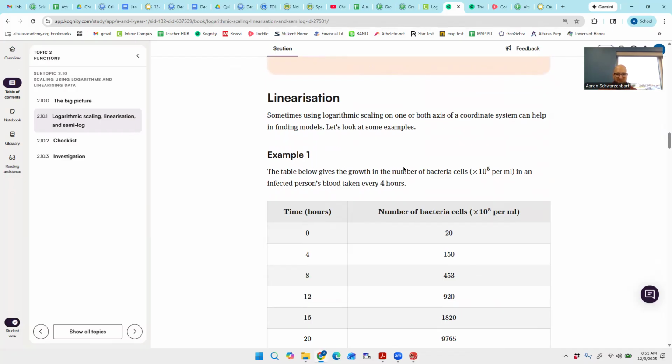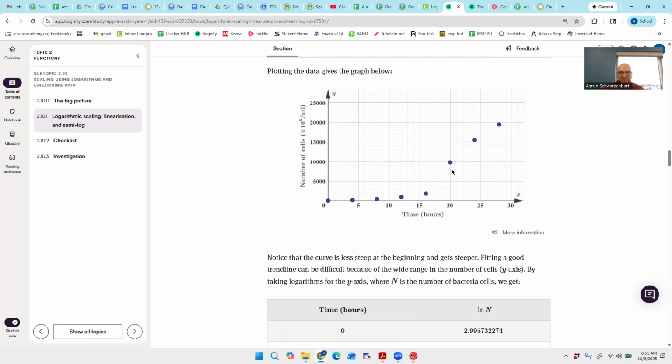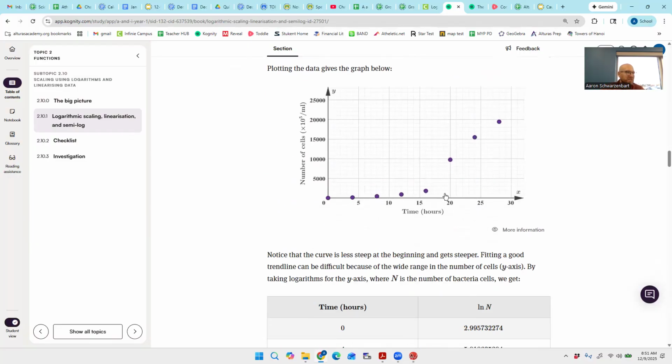A table gives us the growth of the number of bacteria cells here. And if we graph them, we get something that looks like this, which looks kind of terrible, doesn't it?